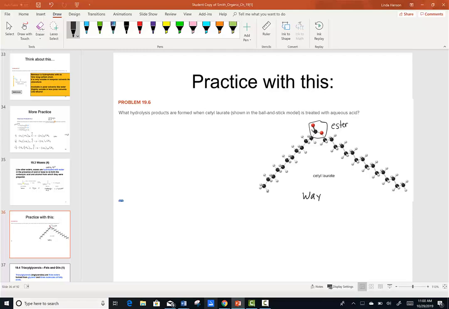So there is 1, 2, 3, 4, 5, 6, 7, 8, 9, 10, 11, 12 carbons originally from the carboxylic acid. So we could write CH3, parentheses, CH2 taken 1, 2, 3, 4, 5, 6, 7, 8, 9, 10 times. And finally, we have the COOH, the carboxylic acid that is 12 carbons long.